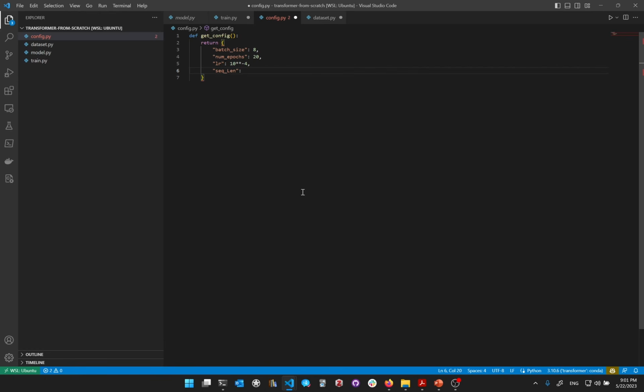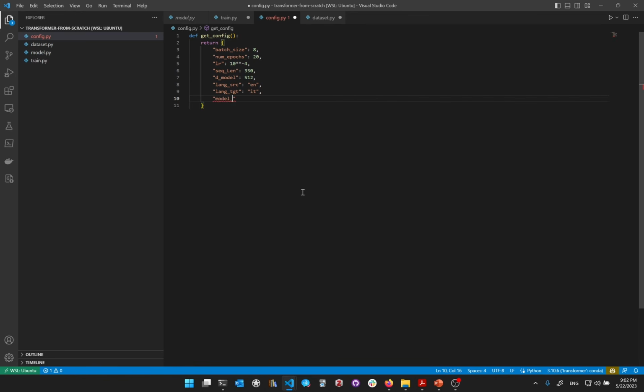I have already checked the sequence length that we need for this particular dataset from English to Italian, and 350 is more than enough. The d_model that we will be using is the default of 512. The source language is English, so we are going from English. The target language is Italian. We are going to translate into Italian.